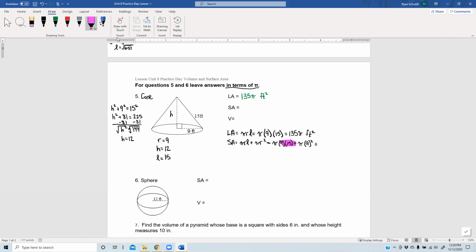So 9 times 15 plus 9 squared. That'll get us 216 pi feet squared. 216 pi feet squared.